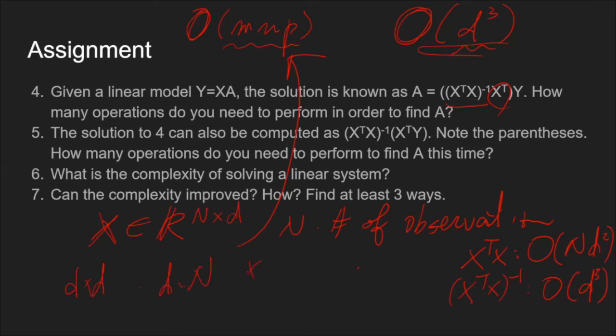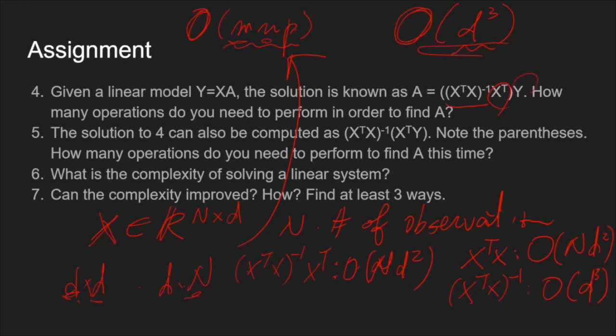So (x transpose x) inverse times x transpose has a computational complexity of what? nd squared again. Agree? Because m corresponds to d over here, d corresponds to n over here, p corresponds to large n over here. So that's, again, nd squared.